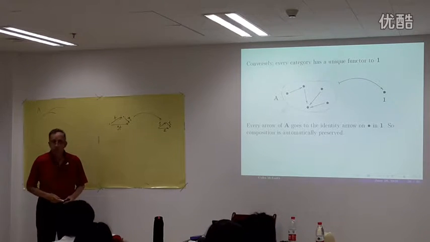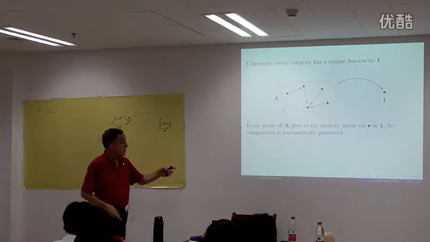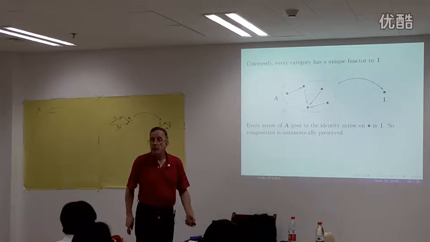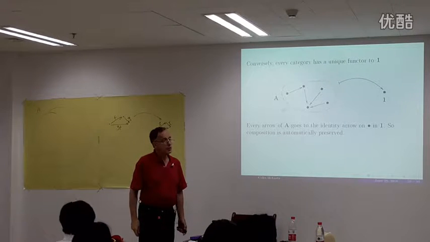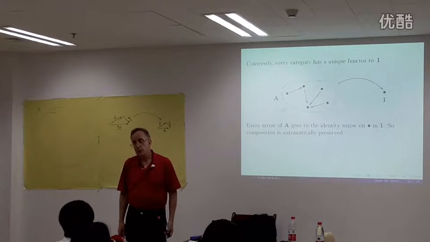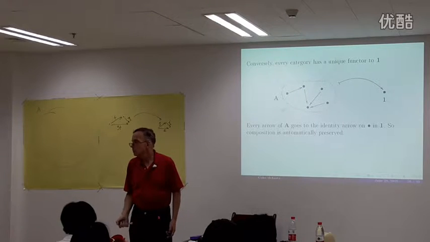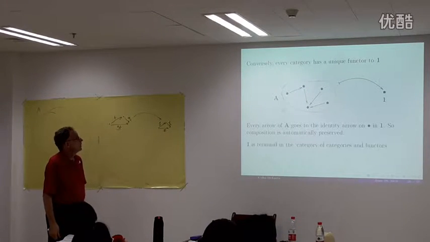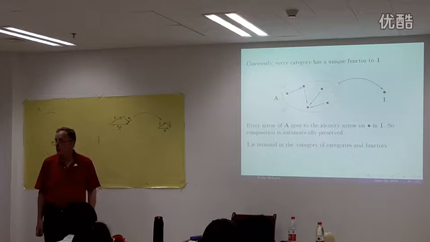So just trivially, this preserves composition. The composition is automatically preserved because there's only the identity arrow here, and every equation is true if the only arrows you put into it are identity arrows. So the defining equation is true. So 1 is terminal in the category of categories and functors.